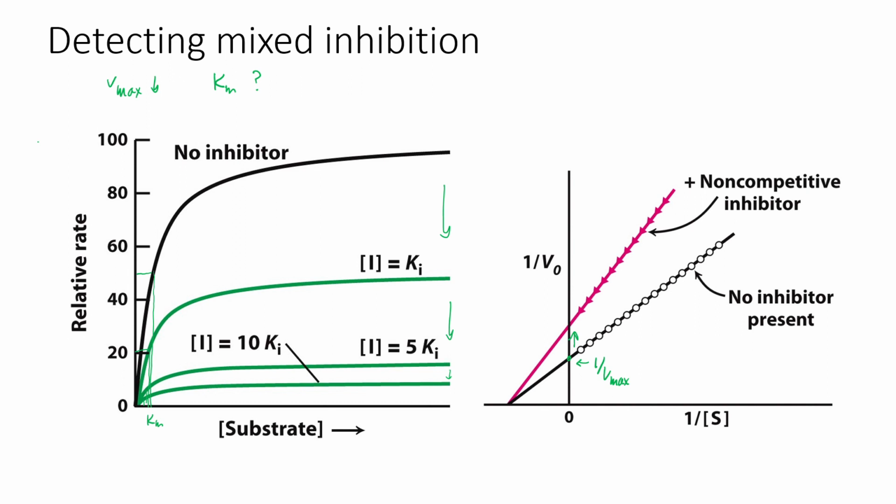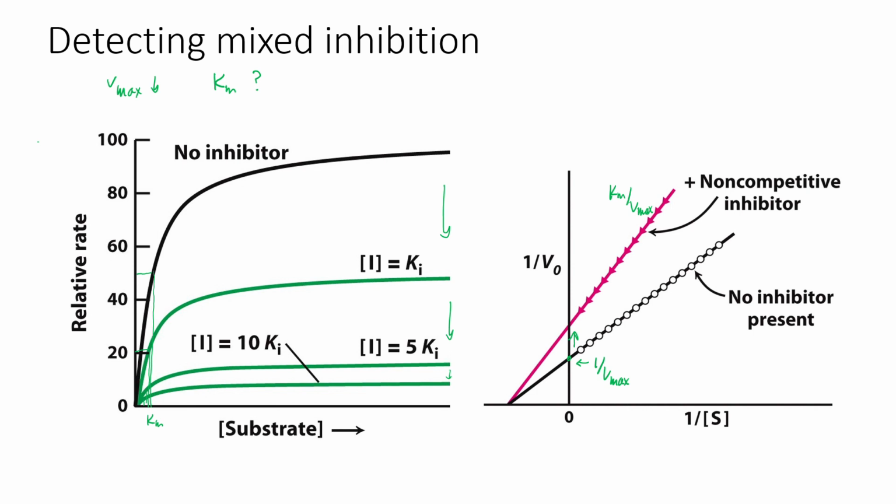We also have our slope. Our slope is Km over Vmax. So what's going to go on with the slope? We just mentioned how our Vmax is going to go down. The Vmax is the denominator of this fraction, right? So as the Vmax decreases, the slope is going to increase.